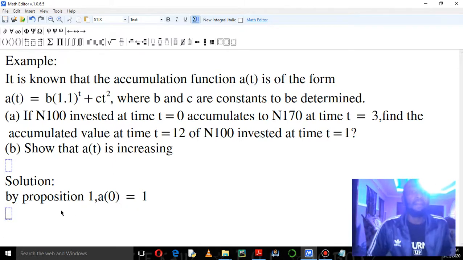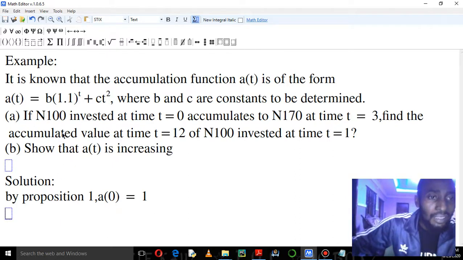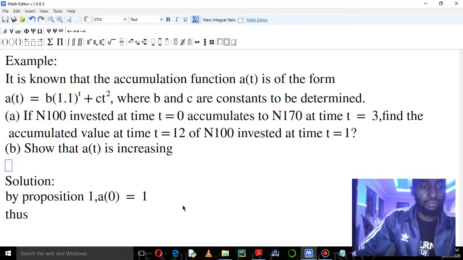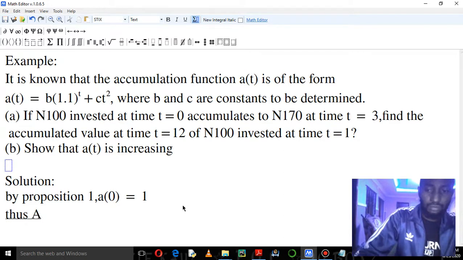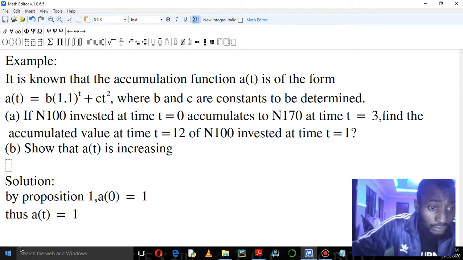By our proposition 1, if you substitute 0 for t here, that is a of 0, this function is equal to 1. So thus a of t, small a of t, which is our accumulation function, at time 0 is equal to 1.